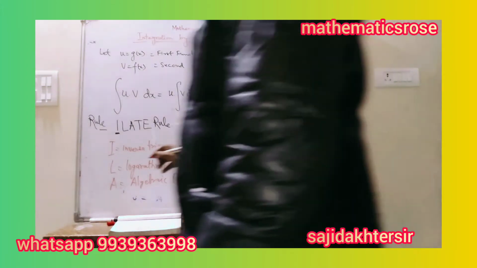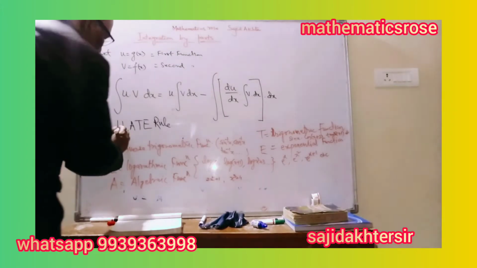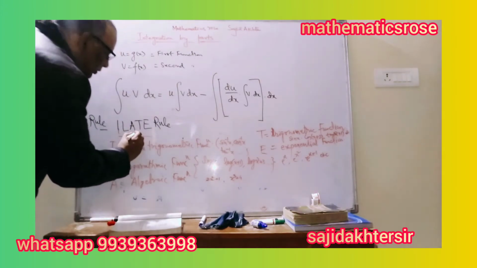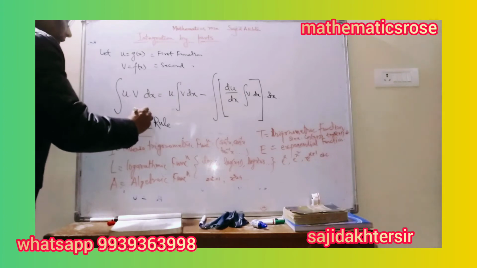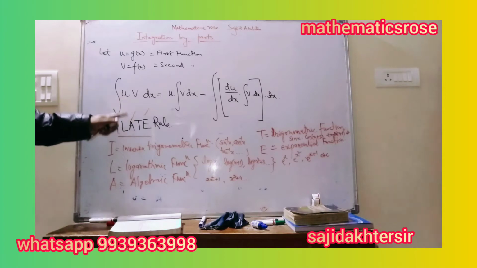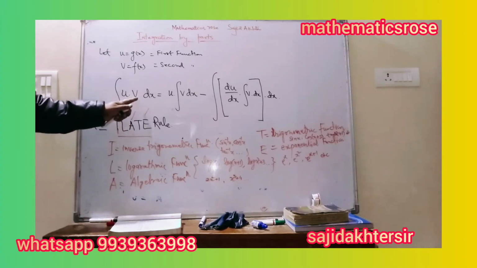From this order, if A and E are coming, then we take u as the algebraic function as the first function and the exponential function as the second function.